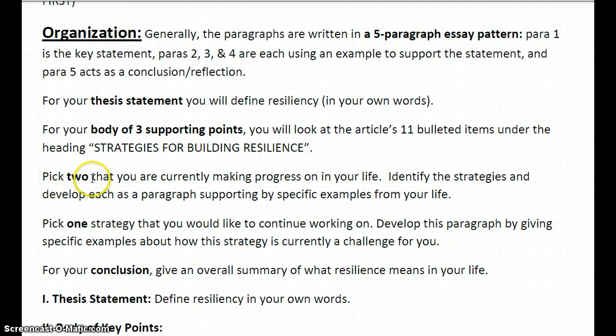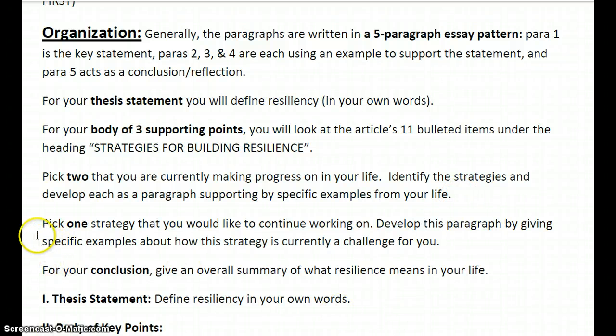and you will pick 2 that you are currently making progress on in your life. Identify the strategies and develop each as a paragraph supported by specific examples from your life.